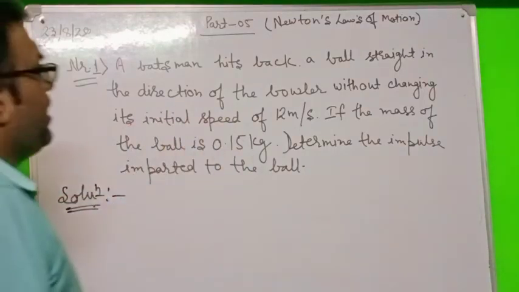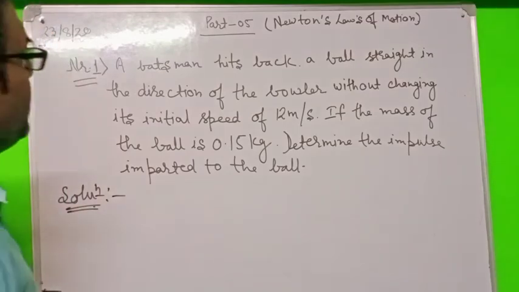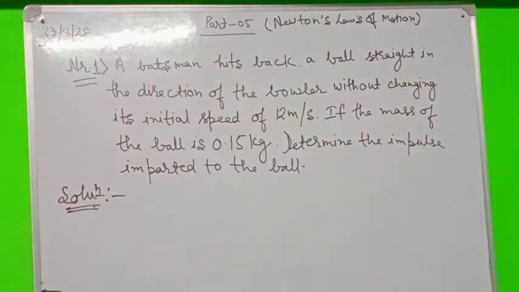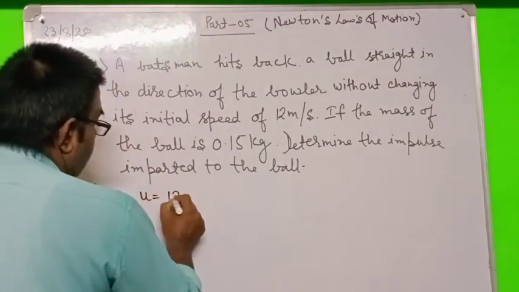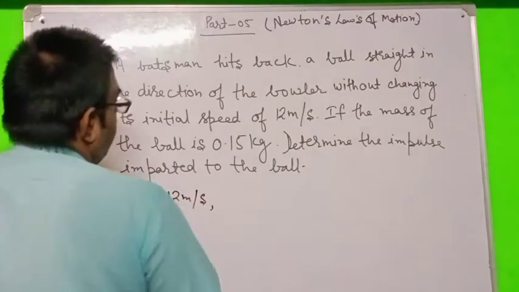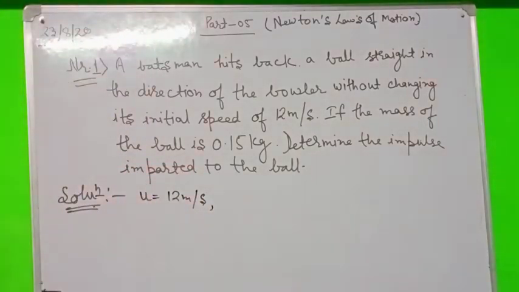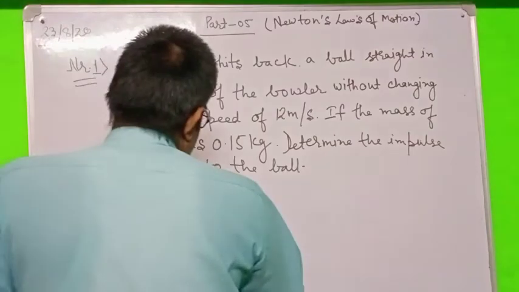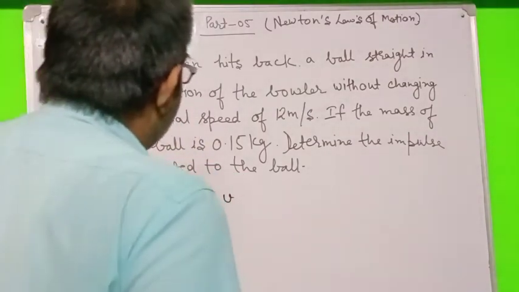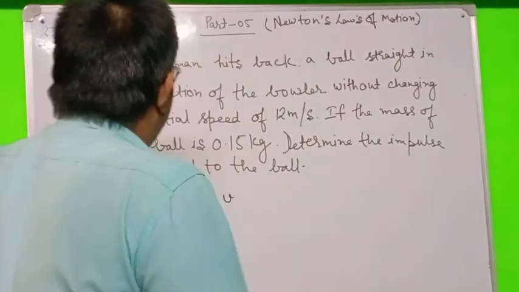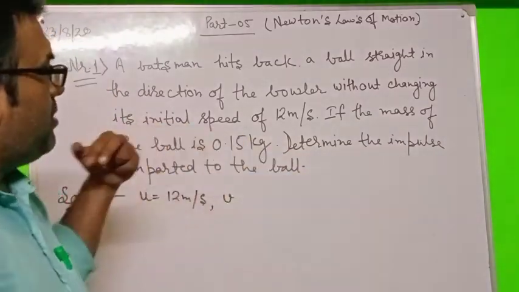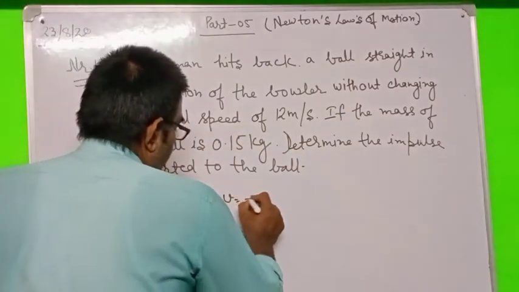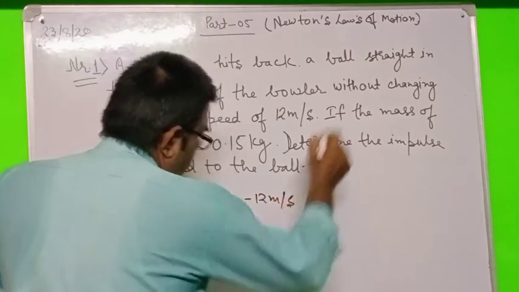The numerical says that a batsman hits a ball straight in the direction of the bowler without changing its initial speed. The initial speed is given as u is equal to 12 meter per second, and since the direction is changing, we can suppose the ball comes back in the opposite direction, so v is equal to minus 12 meter per second.